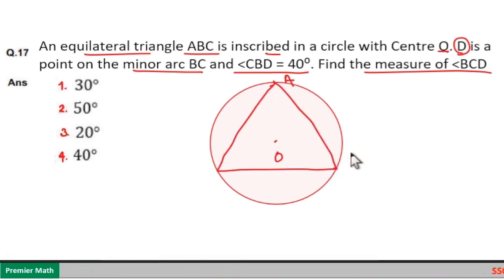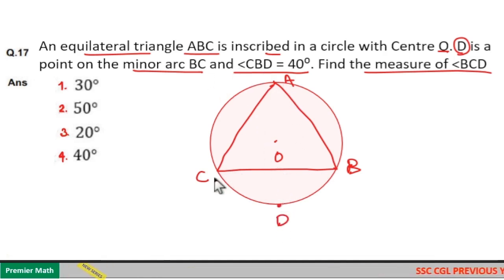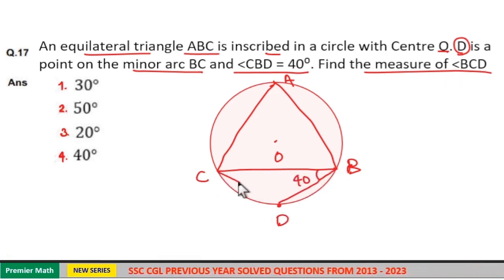Now this is ABC and equilateral triangle means all sides are equal and all angles are 60 degree. Now, D is a point on minor arc BC. This is minor arc BC and this is a point D and angle CBD is 40 degree. So, we have to find the measure of angle BCD. That is this angle.